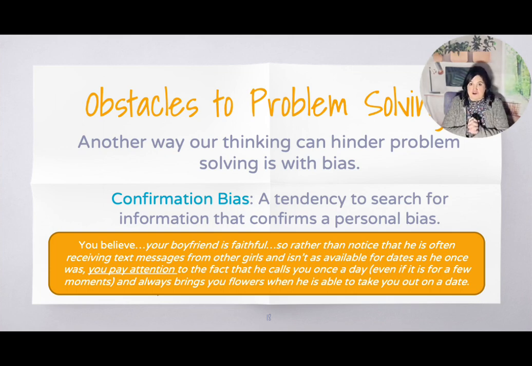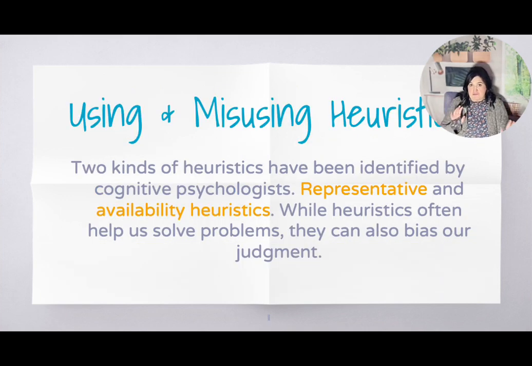Using and misusing heuristics. Now, we're going to talk a little bit more about heuristics for thinking and problem solving in ways other than the more logical or mathematical ways. There's two kinds of heuristics that have been identified by cognitive psychologists. Availability heuristics often help us solve problems, but they can also bias our judgment, and we're going to talk about that.